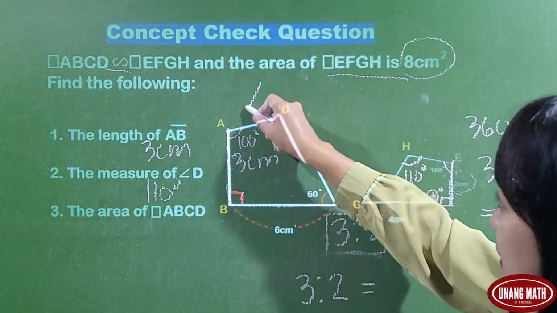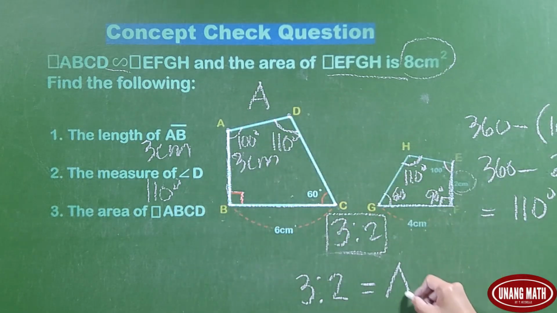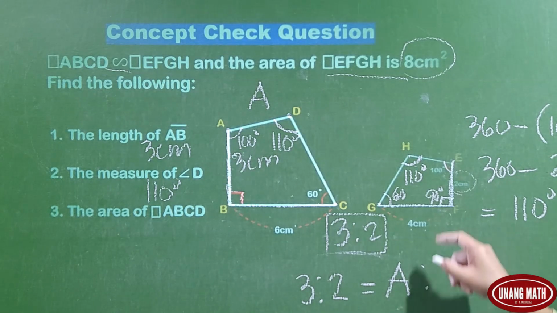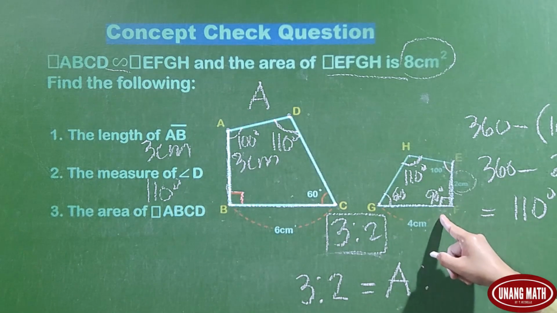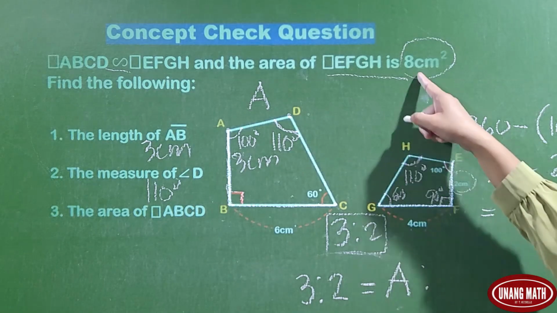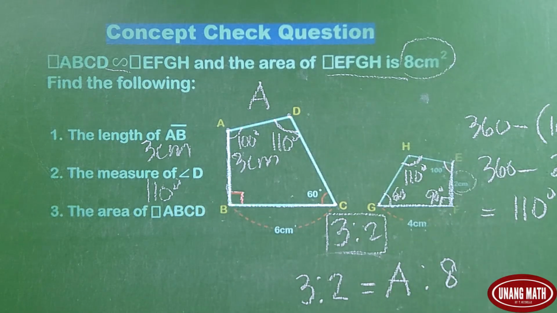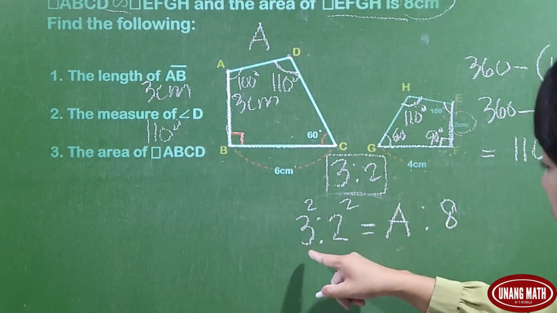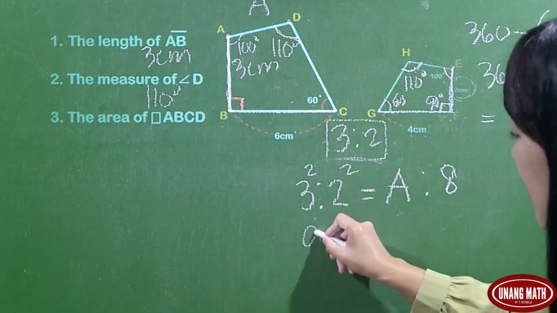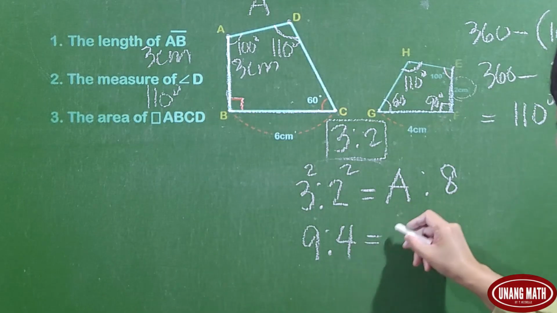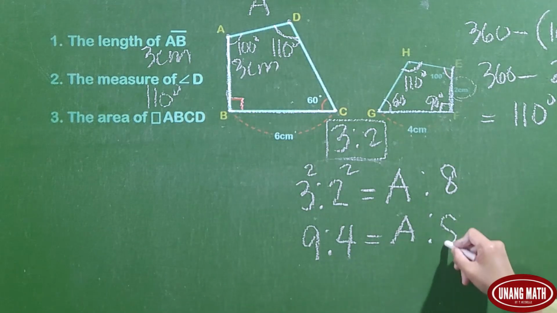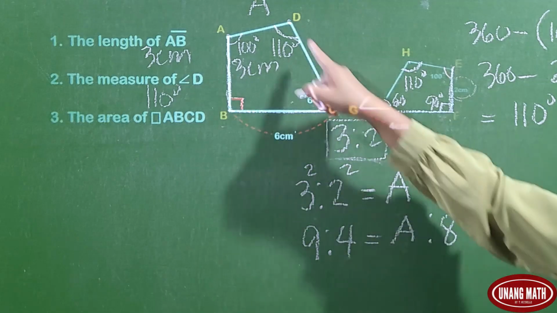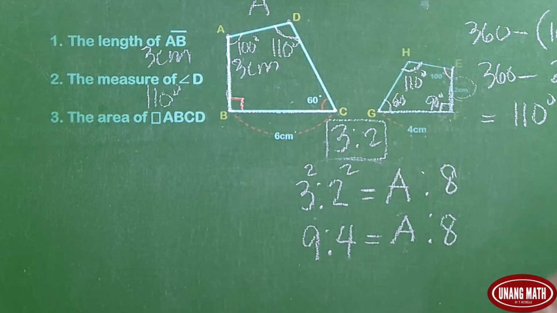Let's say this is A, the area of quadrilateral ABCD, is to the area of quadrilateral EFGH, which is 8 square centimeters. Now we just have to square this similarity ratio. So this is 9 is to 4 is equal to A is to 8.